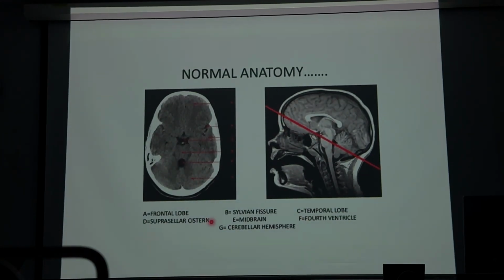If we go further, we can see that most of the tissue is brain tissue, and we'll see anteriorly the frontal lobes, right and left.